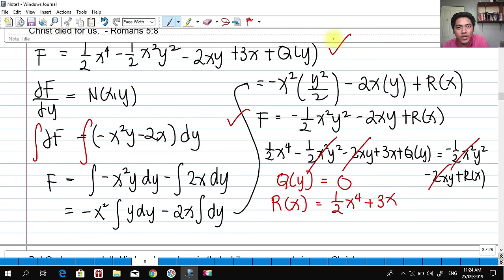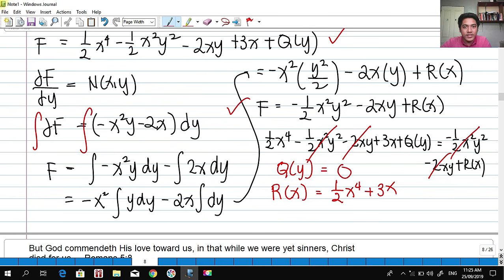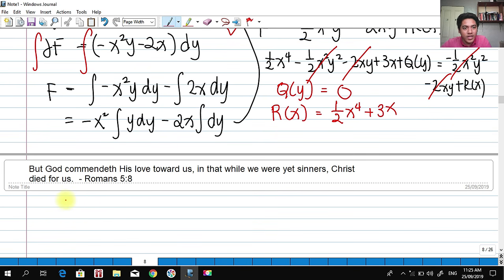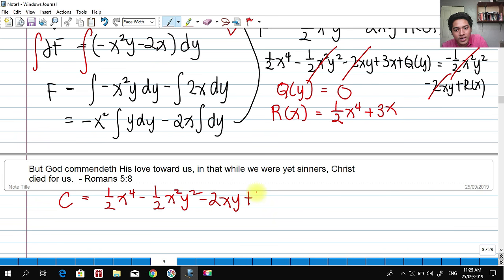Okay, if we choose this one, then definitely the answer is this one already because q of y is 0 and you're going to replace f with simply c. So, our answer is now c is equal to 1/2 x raised to 4, okay, minus 1/2 x squared y squared, okay, minus 2xy plus 3x plus 0 because the value of q of y is 0.